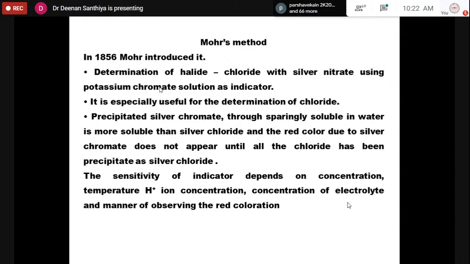The concept is that only when the ionic product exceeds the solubility product does precipitation take place. Before the end point, silver chromate will form but it is not stable. It will dissolve because the ionic product does not exceed the solubility product. It exceeds only after the equivalence point. Is the third point clear?